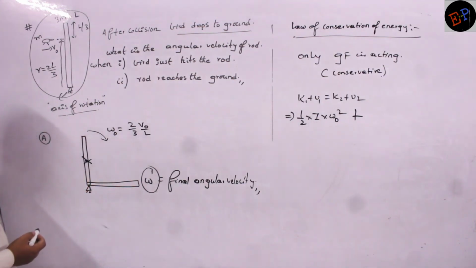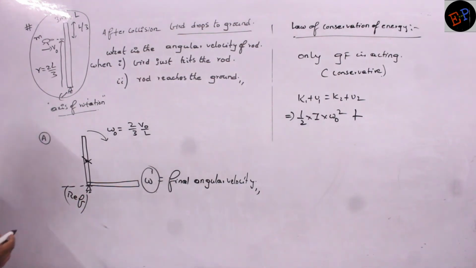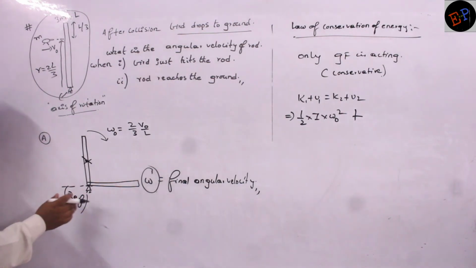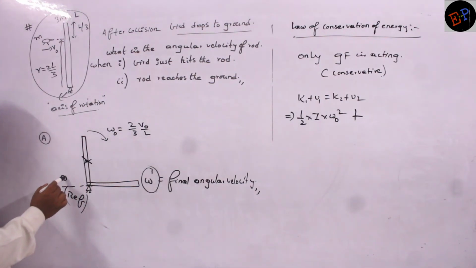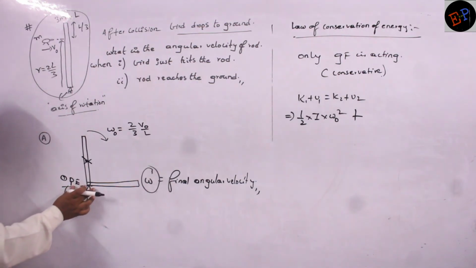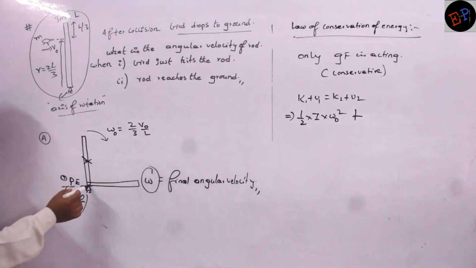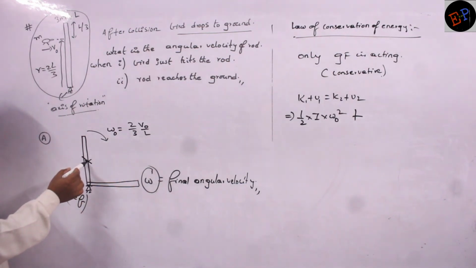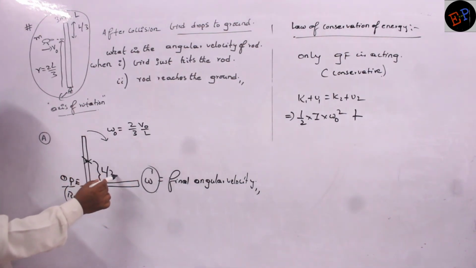Let us take the ground as my reference, the point of zero potential energy. Without a reference I cannot calculate potential energy, no? So from this point, what is this height? L by 2.